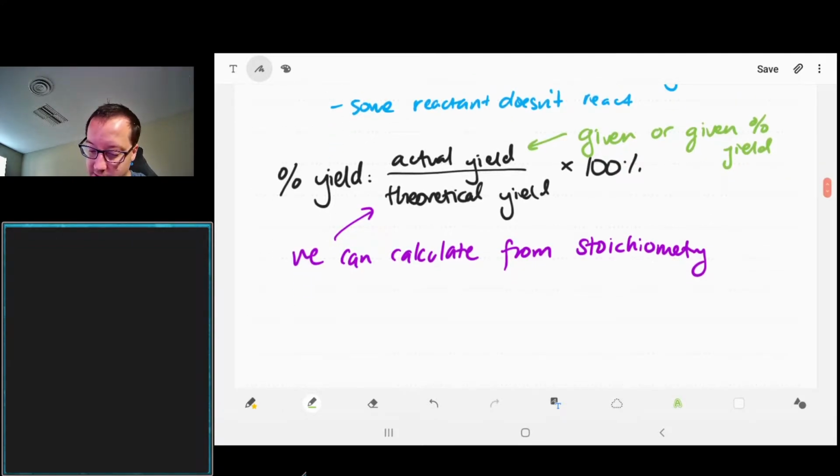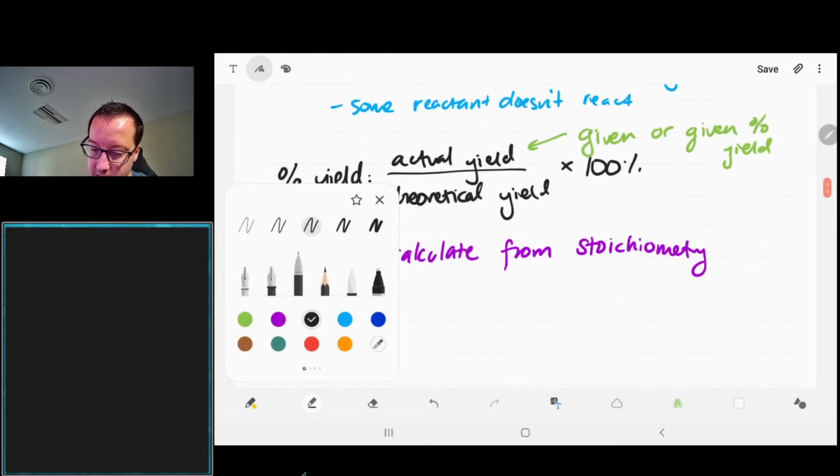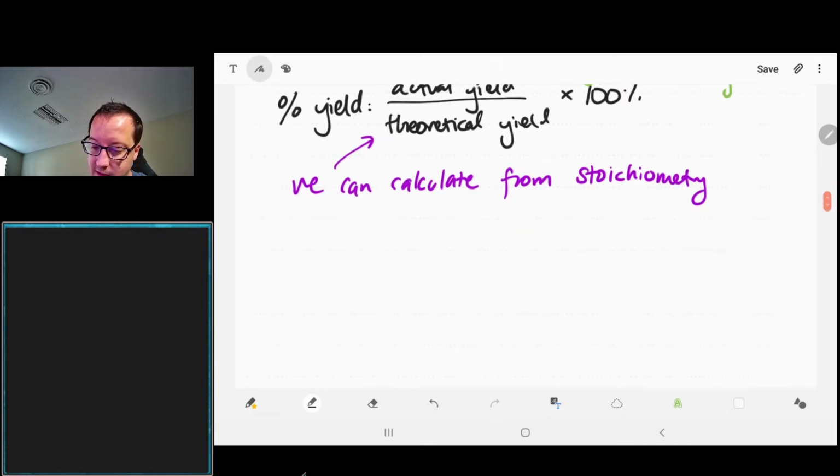So let's do just a quick example of that. Let's say, I think yesterday we had a reaction with ammonia that we ended up producing 3.33 moles as our theoretical yield.